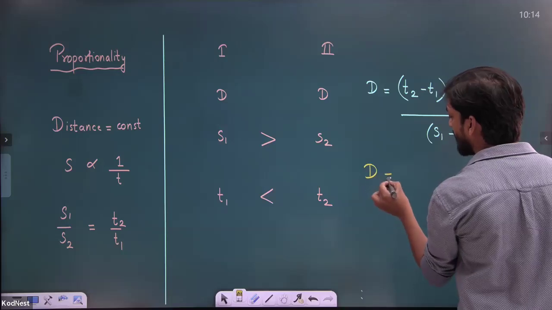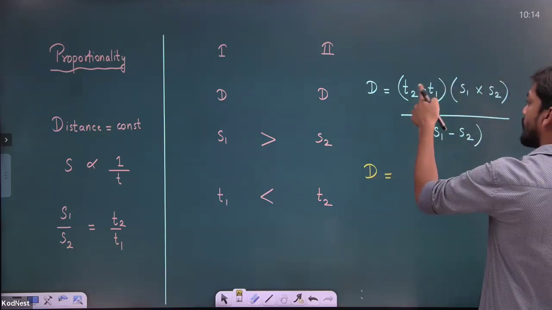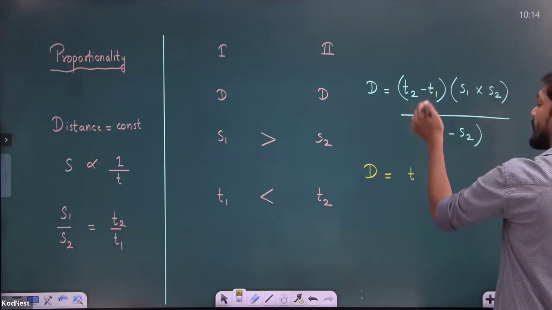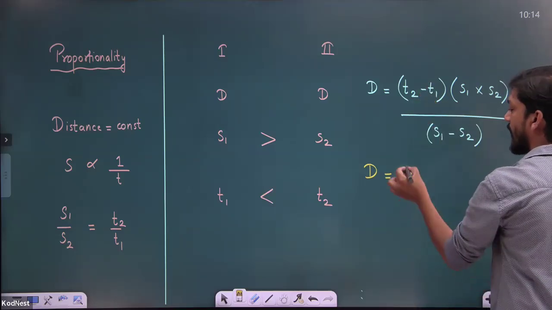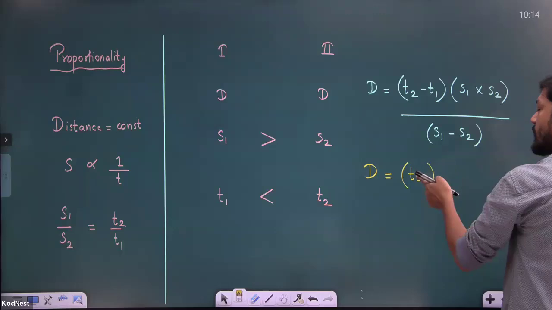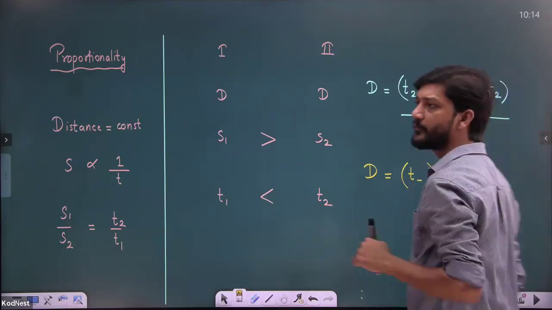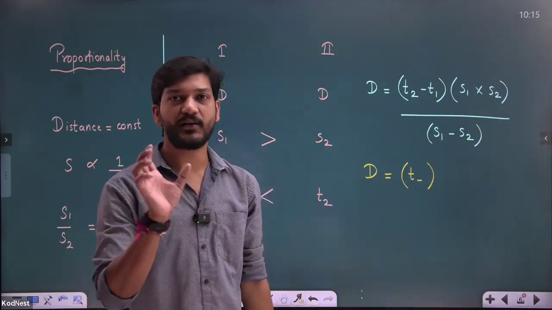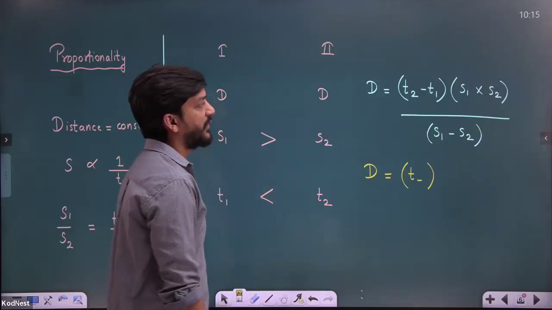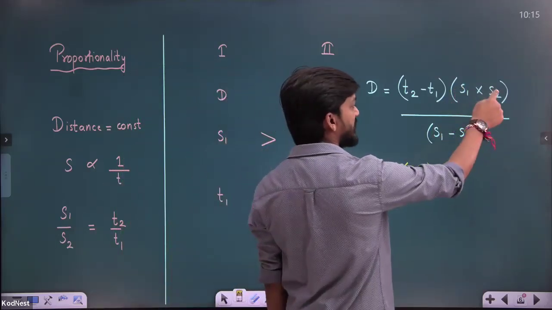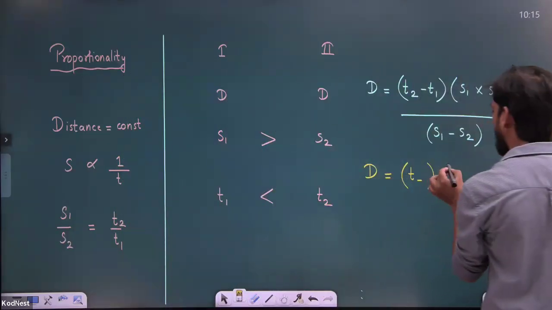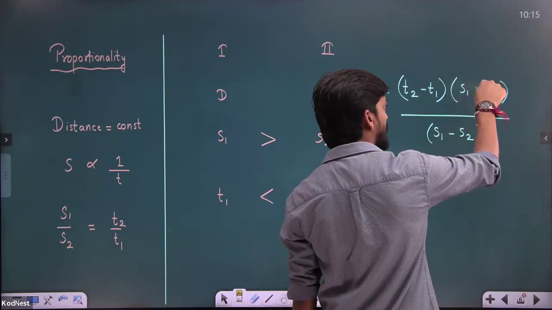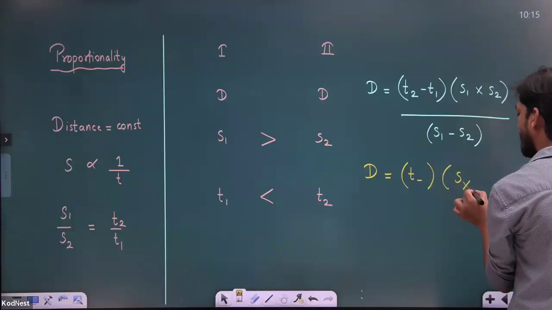Distance D equal to T2 and T1. Both are timings, so write T. And it is a difference, so write T minus. Are you able to understand this T minus is T2 minus T1? I want to make it short, nothing else. S1, S2, both are speeds, so write S. And it is the product of speeds, so write a cross sign.